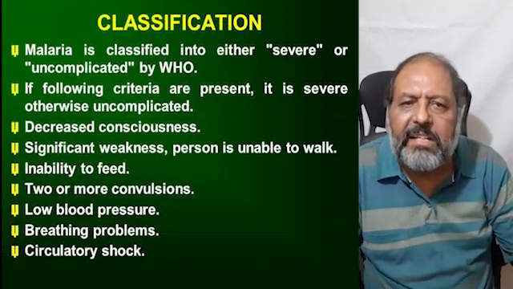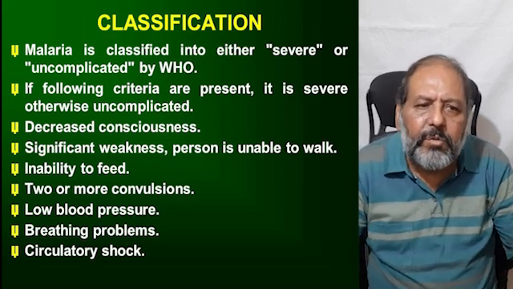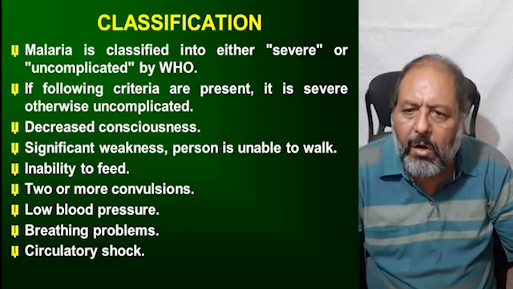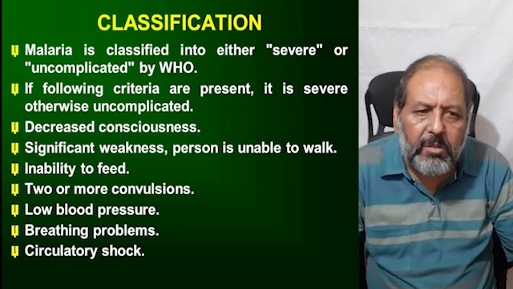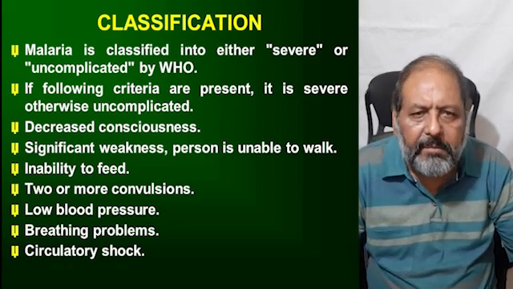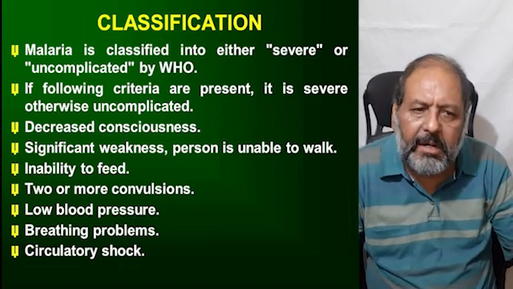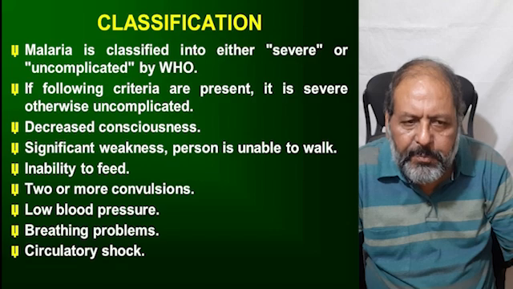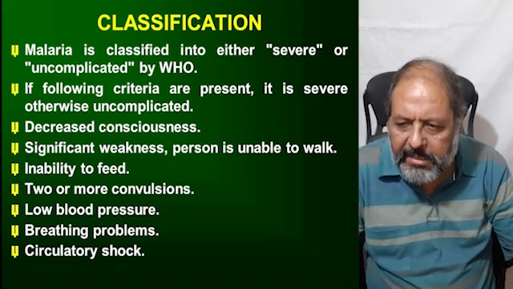Now, the classification of malaria. Malaria is classified by the WHO into either severe or uncomplicated, or one can say non-severe or simple. If the following criteria are present in any patient, it is severe, otherwise it is uncomplicated.